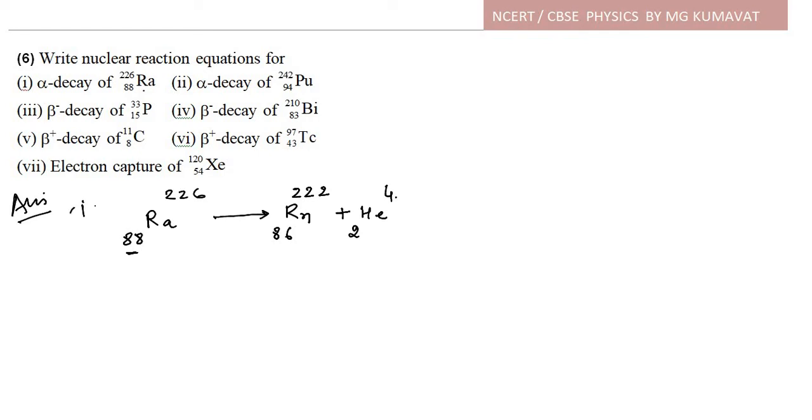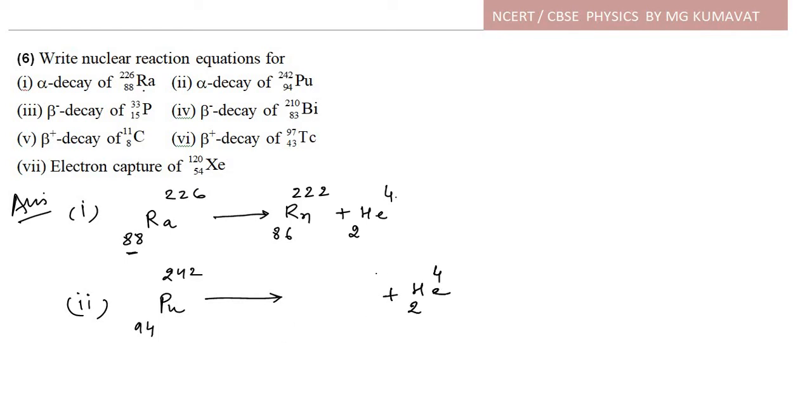Similarly, in the second reaction, it is very easy. Alpha decay from plutonium. Plutonium, Pu, atomic number 94, atomic mass 242, and from it alpha is emitted. We know an alpha particle is a helium nucleus.